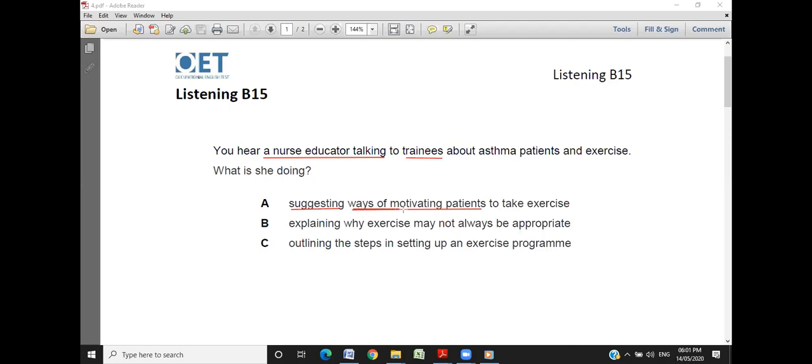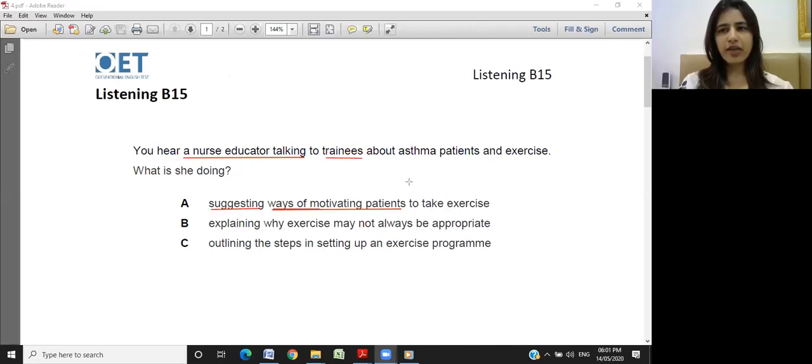Because just we did the previous question and there it was about need to motivate patient. So is there any difference between need to motivate patient and ways of motivating patient? All of you feel free to unmute yourself and discuss this. I want all of you to discuss this with me so that I get to understand how you are looking at the answer choice and how do you interpret them.